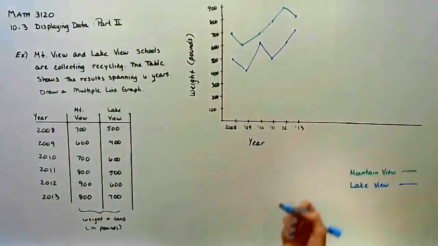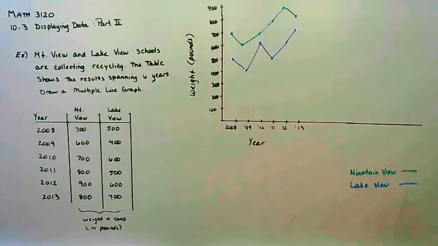We just follow the data points. And again, using a ruler, I'm going to speed up the process with our example. We just connect these line segments, and so you can see in any particular year how it's going and you can compare. And so that's a double line graph.